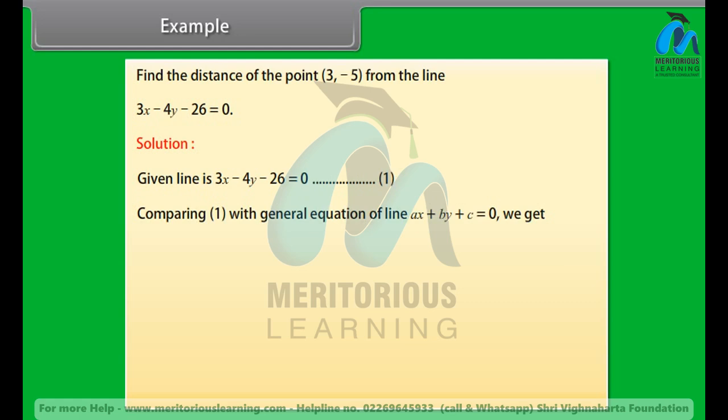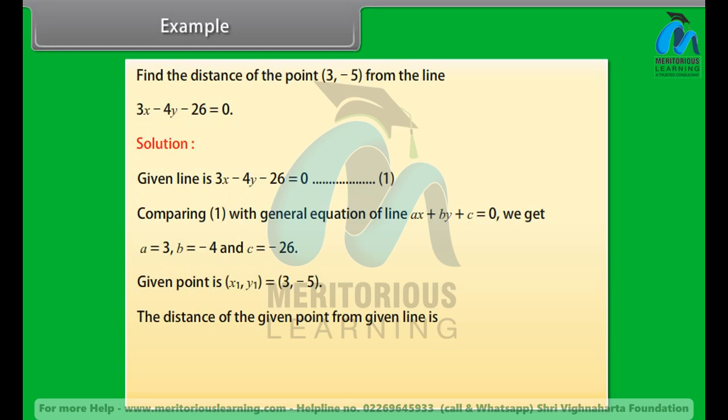Comparing 1 with the general equation of a line ax + by + c = 0, we get a = 3, b = -4 and c = -26. Given point (x1, y1) is (3, -5). The distance of the given point from the given line is d = 3 by 5.